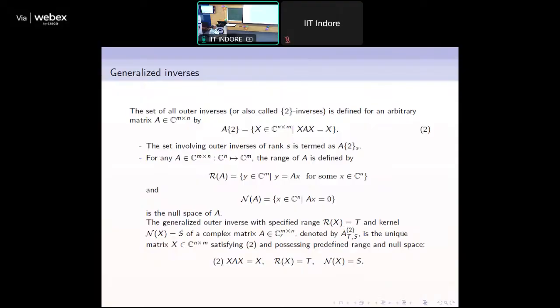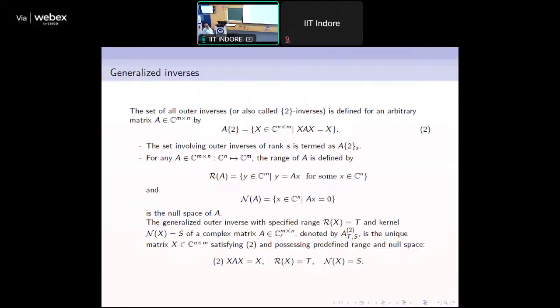Also, there is the notion of image, range and null space. It is interesting to consider outer inverses with prescribed range and prescribed null space.